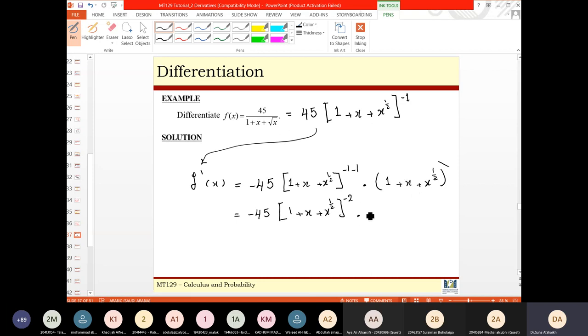What's the derivative of this amount now? Derivative of 1 is 0, derivative of x to the half is half x to the power half minus 1, right? You are getting this?